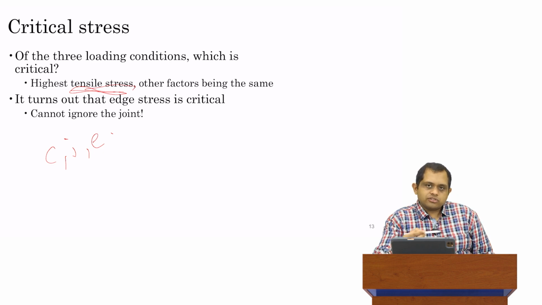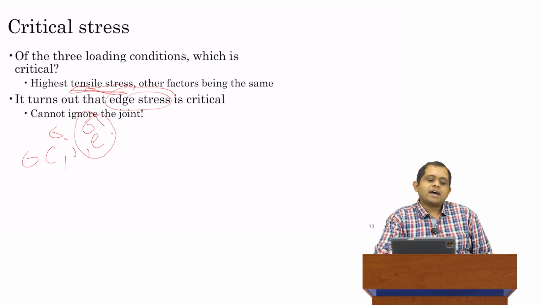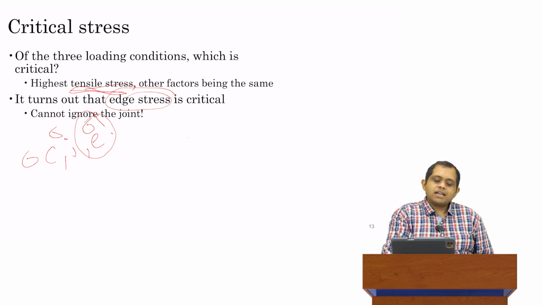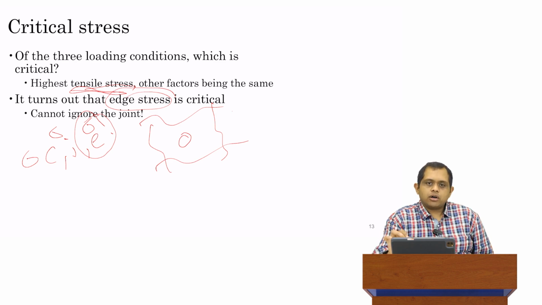And interestingly, we'll also see this in our solved example. It turns out that the edge stress actually is the critical stress. So among sigma C, sigma I, and sigma E, sigma E actually gives you the highest amount of stress. The important thing to note there is, if I consider this interior loading, in interior loading, the assumption is that the joints are very far away from the load.